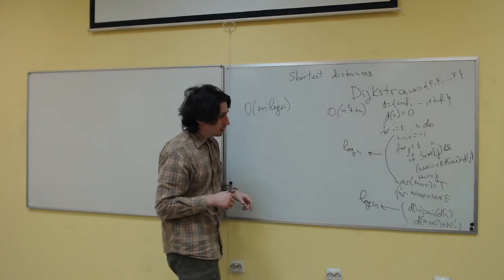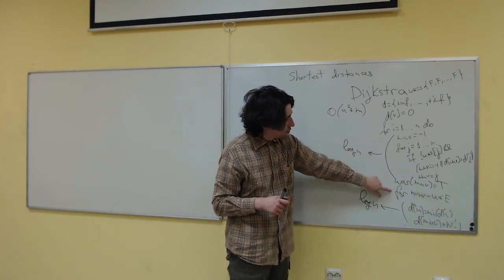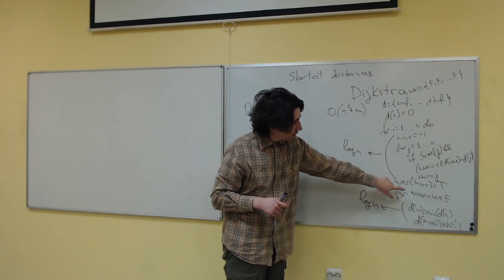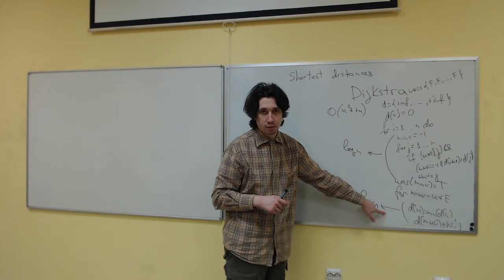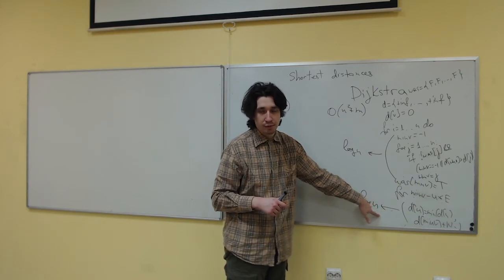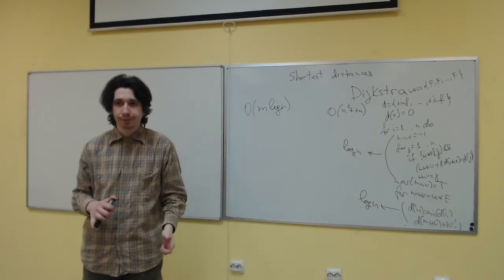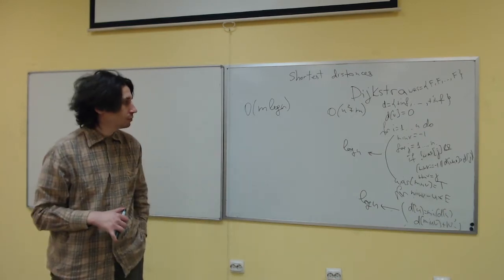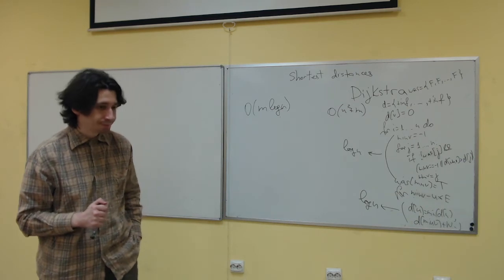Then there is no loop here, but only a loop over edges, so for each edge we update the distance only once in logarithmic time. Since we have m edges, the running time will be m logarithm n.